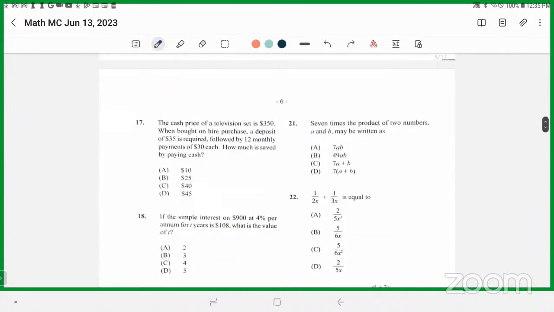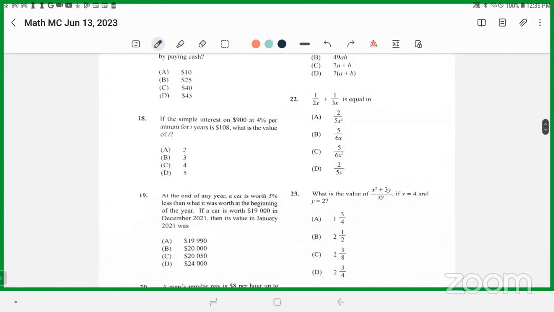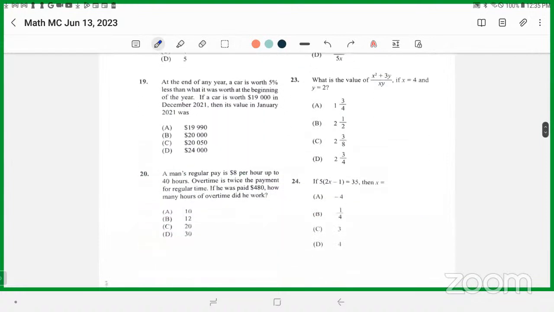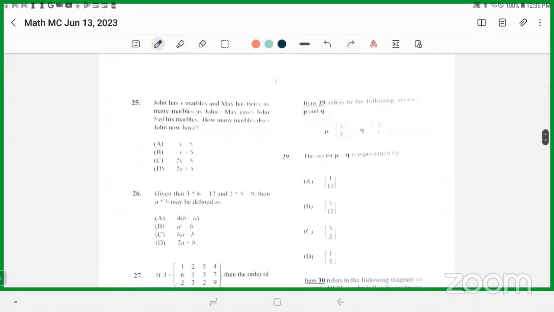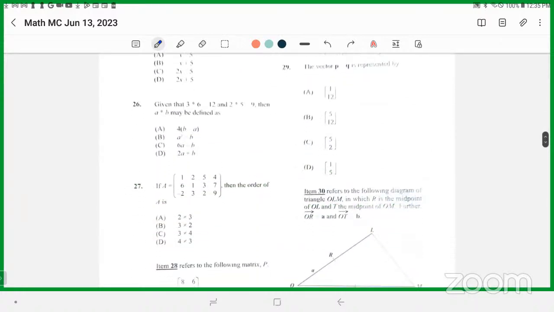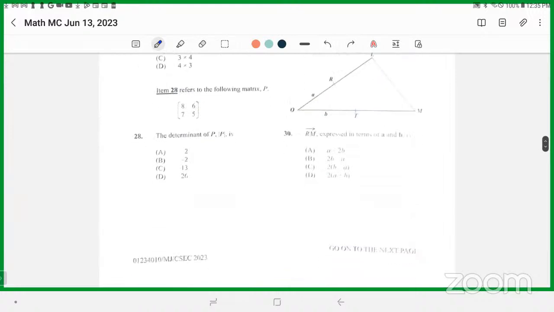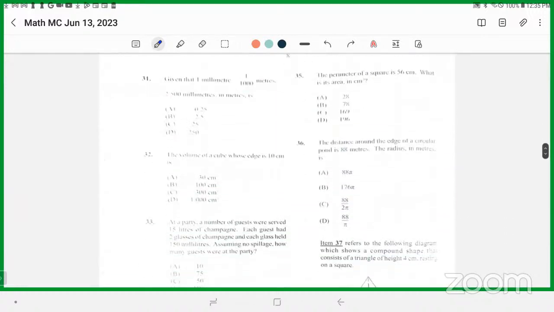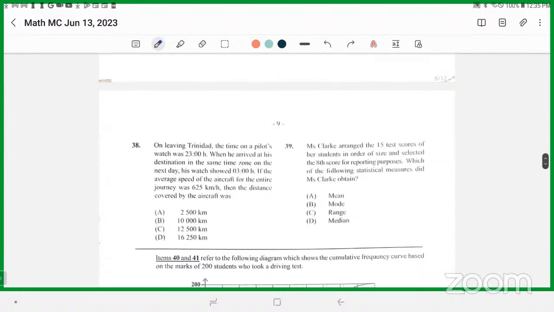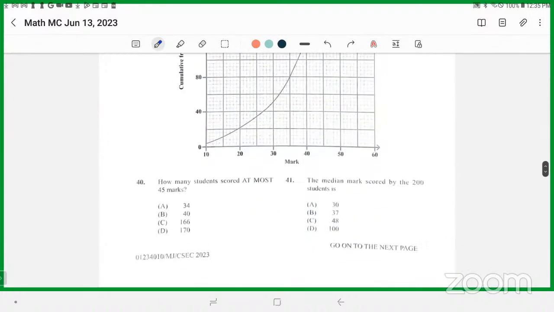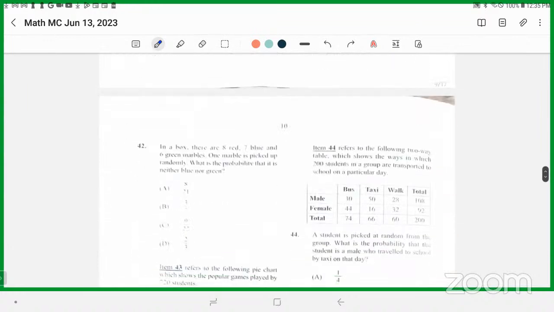Looking for the functions. They all come together. They're in one section. When we find that section on this paper, it is the same section of questions on the other papers as well.